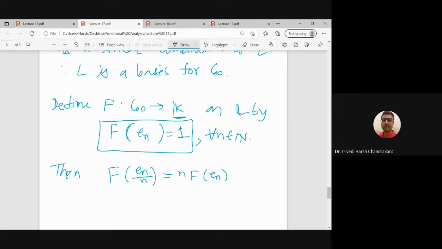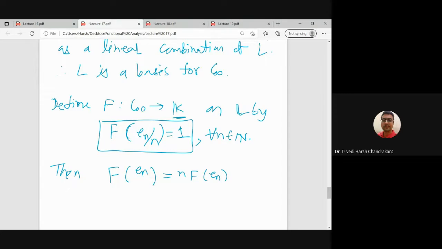Yeah, so that is correct. Instead of defining f of En, we are defining f of En by n. So if we define f of En by n to be 1, then we will get f of En to be n. Right? That is correct.